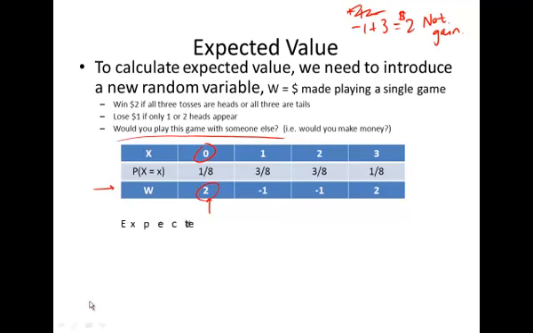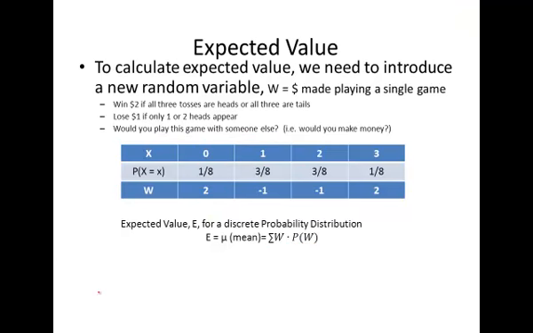All right. So the expected value, E, is the sum of all the W times the P of W's. So once again, we could create a new row below for W times the P of W. So we would multiply these 2 numbers together.